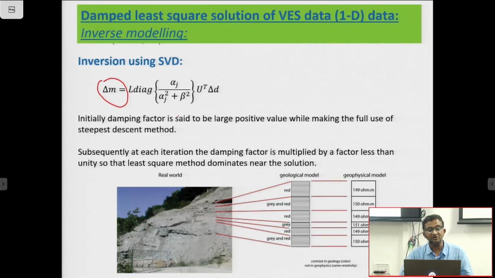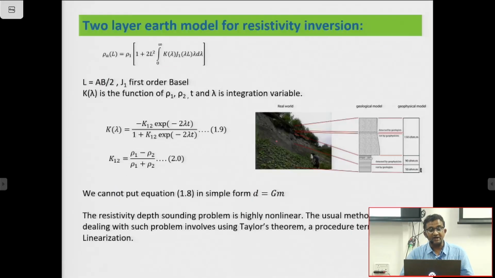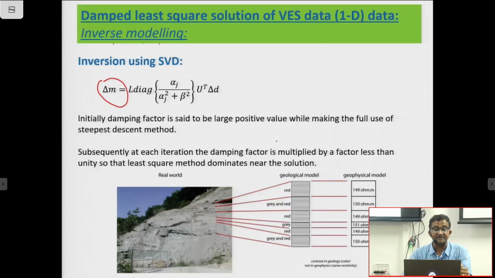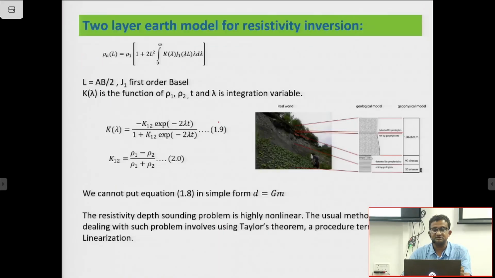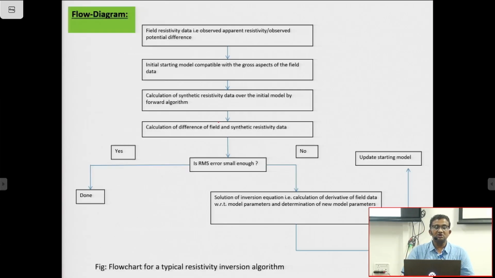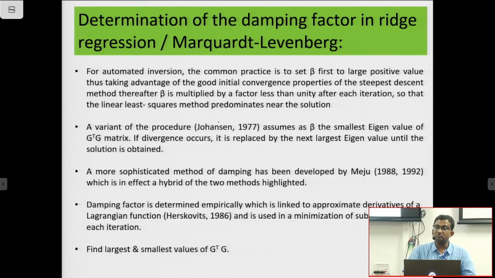Finally, by changing your damping factor, say beta, we can control these solutions and get a more stable solution. We will discuss this in some of your tutorials on the examples when we talk about resistivity inversions, and how beta has a role in fine tuning these model parameters. Okay, so I will conclude my talk here.